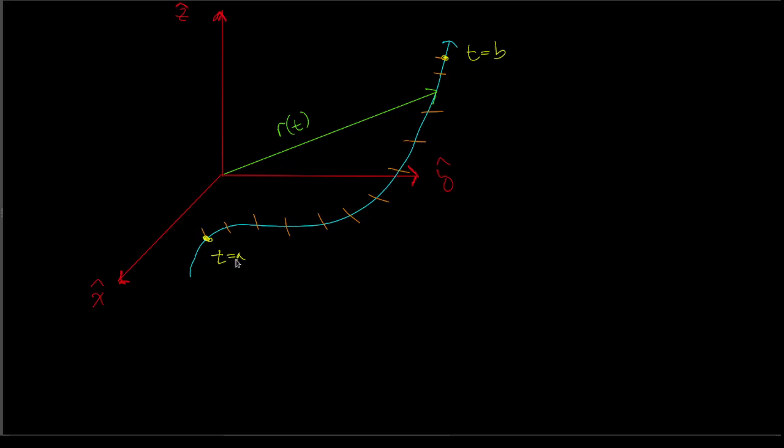And so we have these little partitions coming about, and we can talk about the vector to the center of a partition. And this partition itself is some change in arc length for the kth element. And the position to that kth element is some xk, yk, zk.